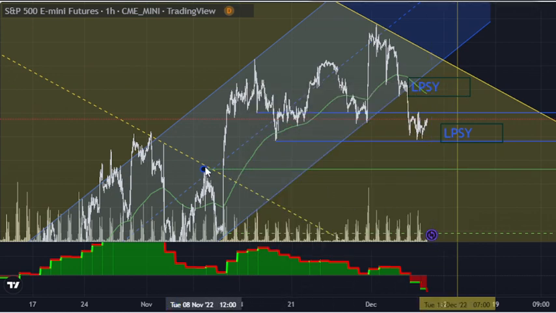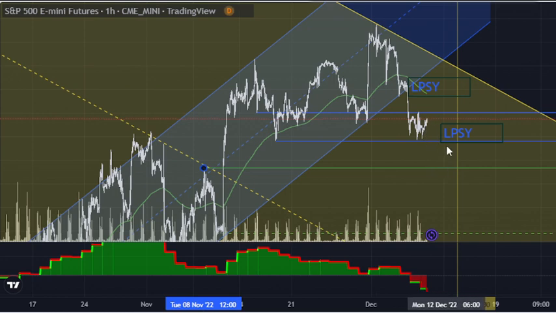Let's move it up, because I'm looking for this high here to be tested. I'm looking for it to come down and hit this high today.